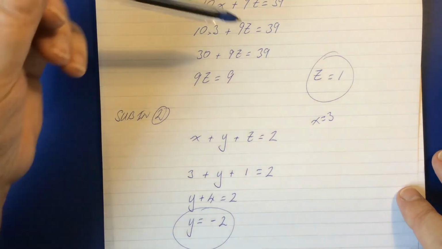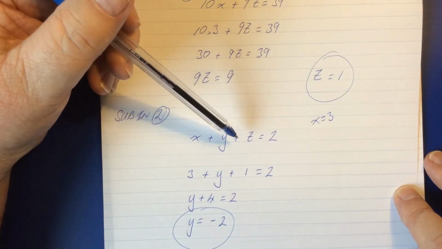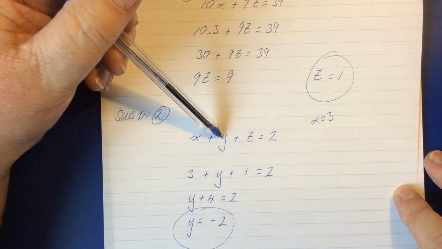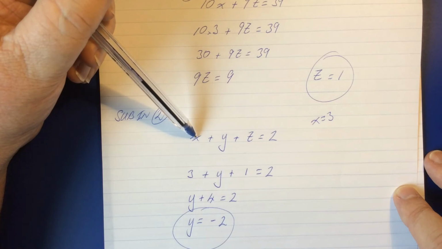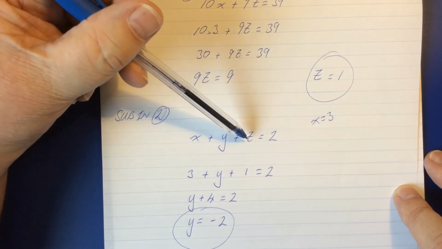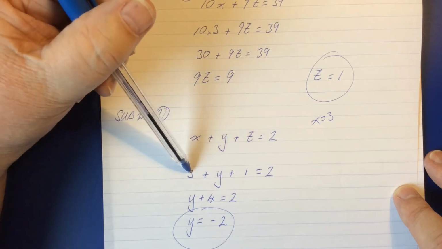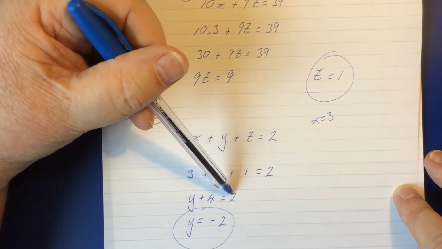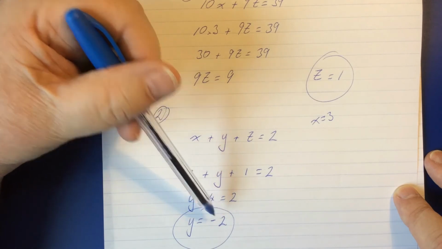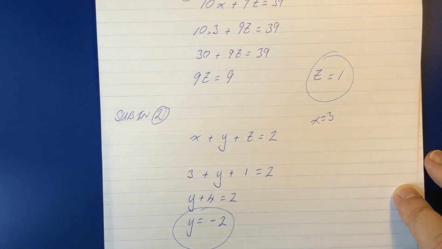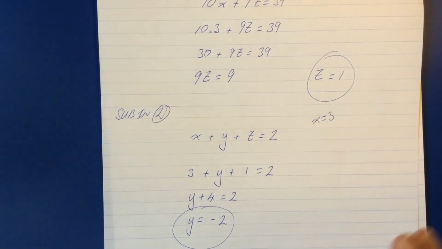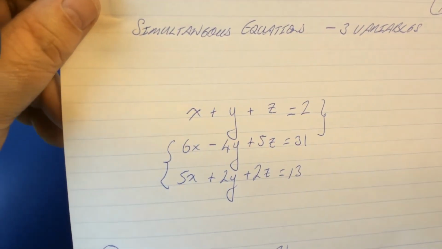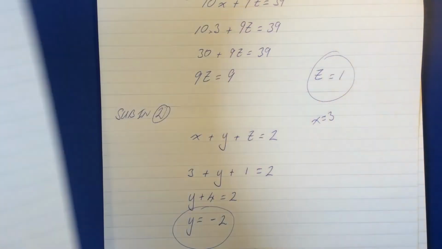And we can use that to figure out what our missing variable is, our unknown. So x is 3, z is 1. 3 plus y plus 1 equals 2. y plus 4 equals 2. y equals negative 2. And that is this set of simultaneous equations solved for x, y, and z.